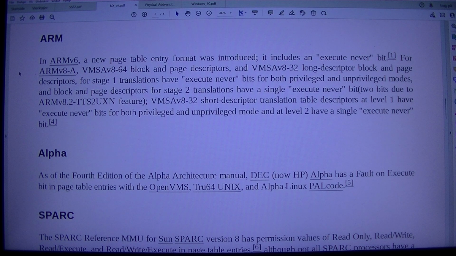VMSAv8-32 short descriptor translation table descriptors at level 1 have execute never bits for both privileged and unprivileged mode, and at level 2 have a single execute never bit.